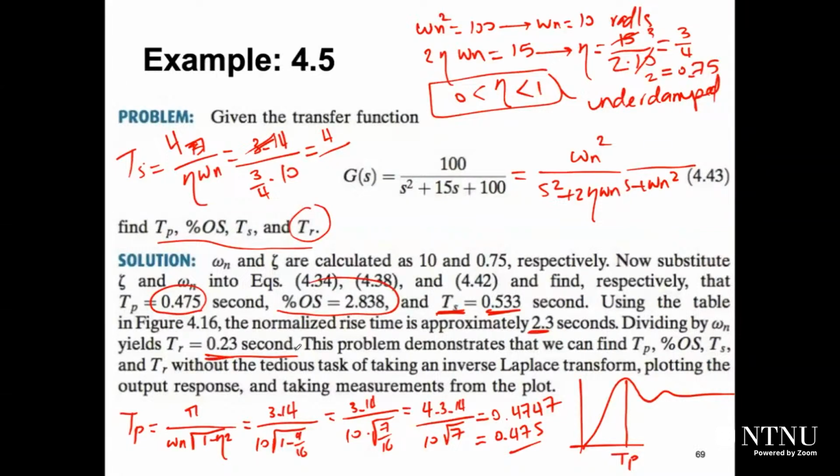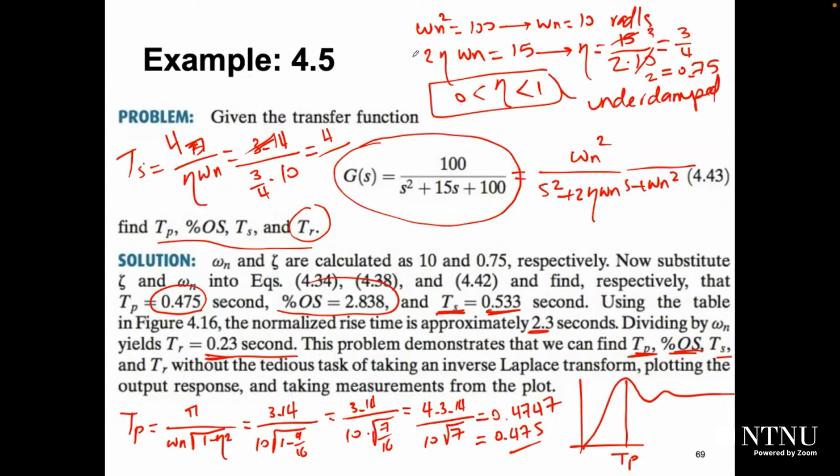So this problem demonstrates that we can find peak time, overshoot, settling time, and rise time without the tedious task of taking an inverse Laplace transform or plotting the output response and taking a measurement from the plot. It's very easy, right? The most important thing is that you start solving your problem from the transfer function. From it you get zeta and omega n.